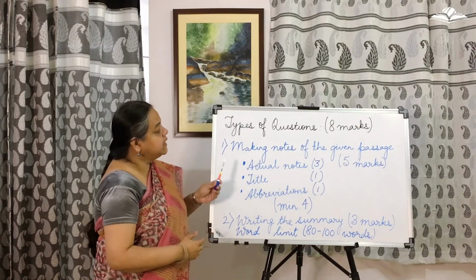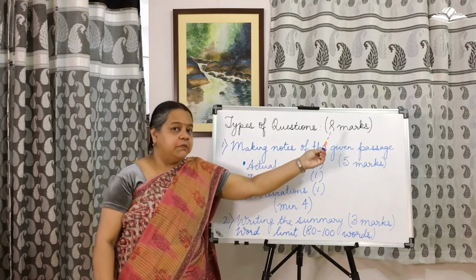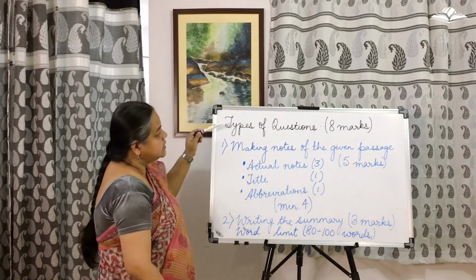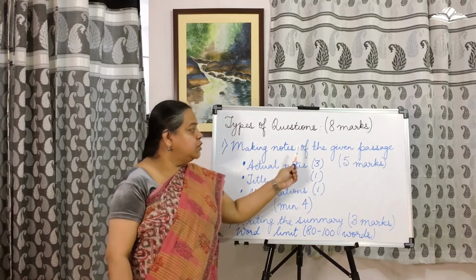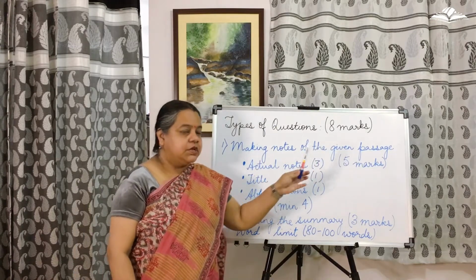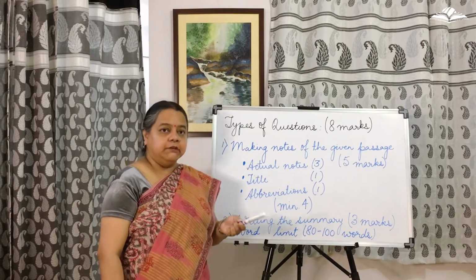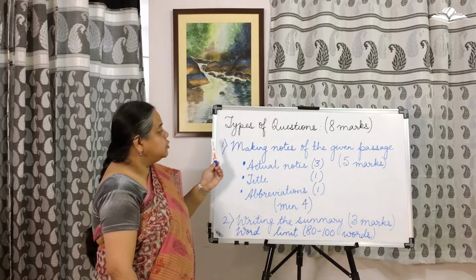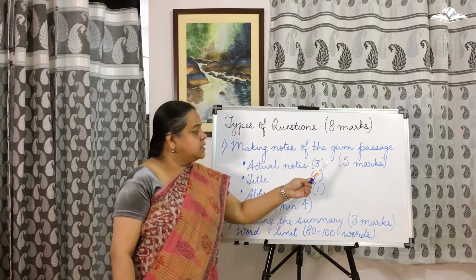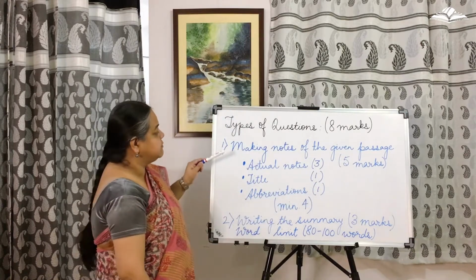Now, note making and summarization in total comprises 8 marks and it has 2 segments. The first segment is making notes of the given passage. A passage will be given to you. Either it will be a factual passage or a discursive passage. To make notes of the given passage, you will be getting 5 marks, which is further subdivided over here.